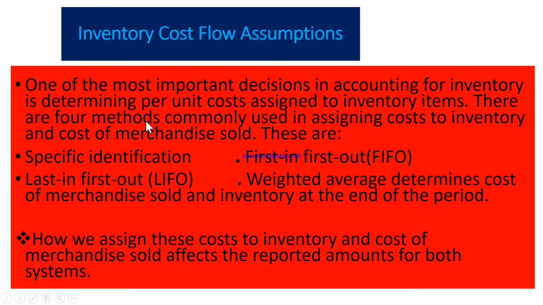There are four main methods commonly used. Those are the specific identification method, first in, first out or FIFO, last in, first out or LIFO, and weighted average, which determine the cost of merchandise sold and inventory at the end of the period.